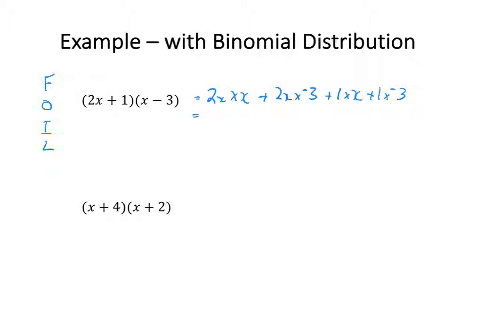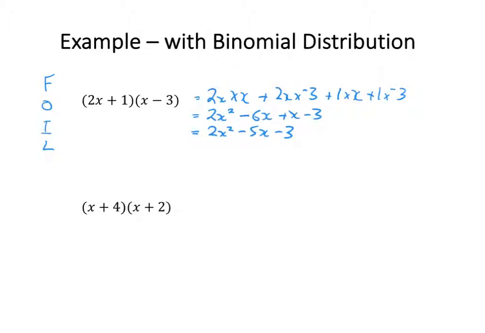So that's going to equal 2x squared minus 6x plus x minus 3. So that is going to simplify to 2x squared minus 5x minus 3.